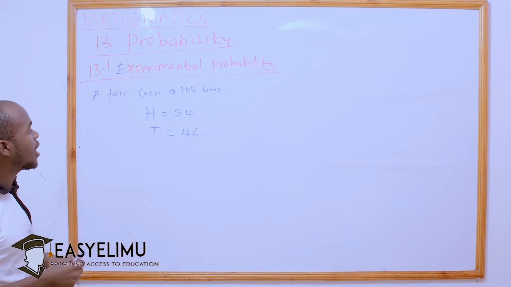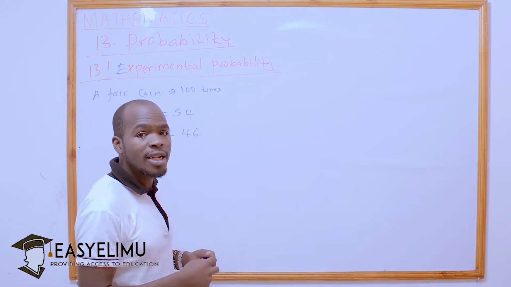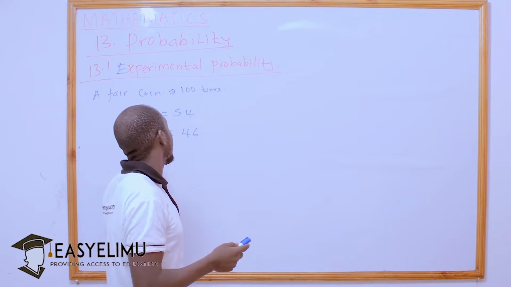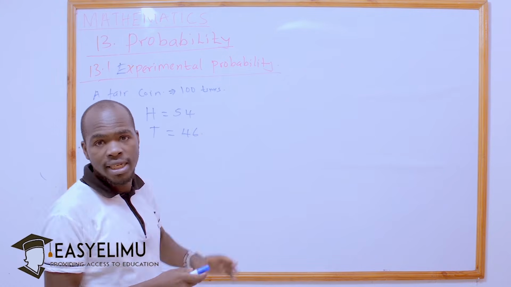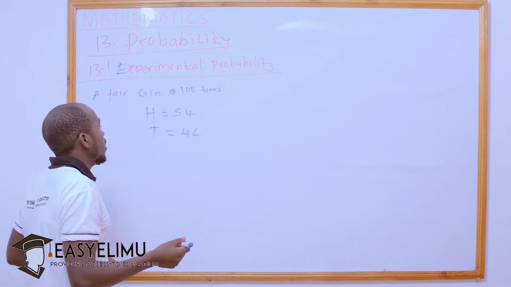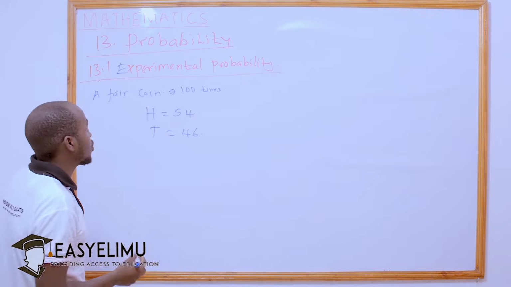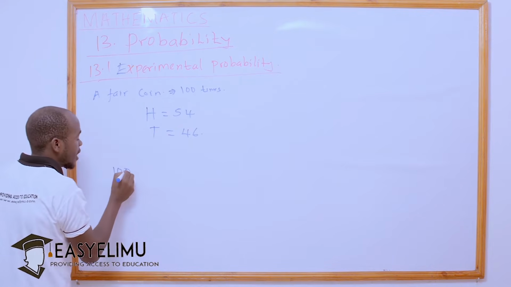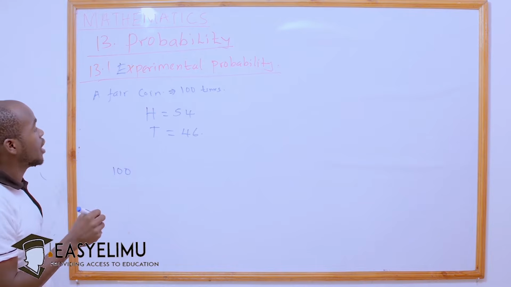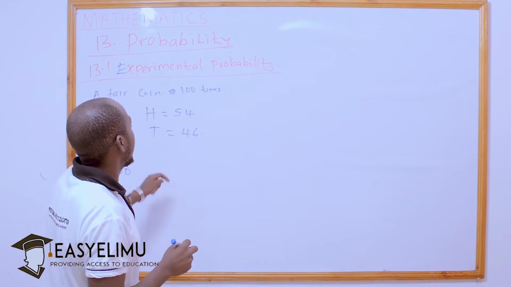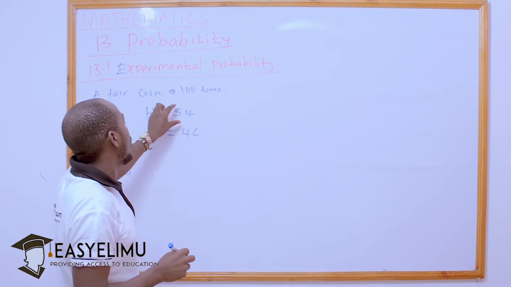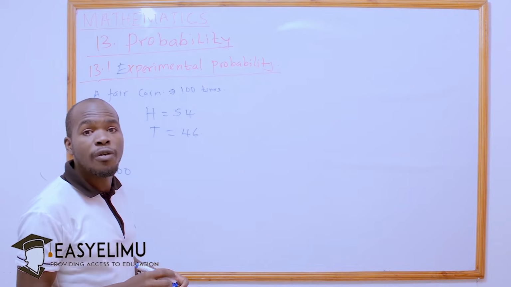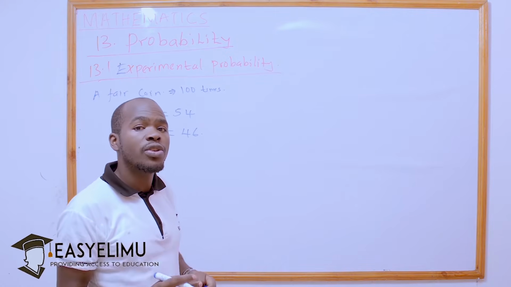So you will find that the total number of events that occurred is only one, which is tossing a coin, but the coin was tossed 100 times. So the number of times that the coin was tossed, we have said is 100 times. That is the total number of occurrences. Then 54 out of 100, 54 times the coin shows a head.